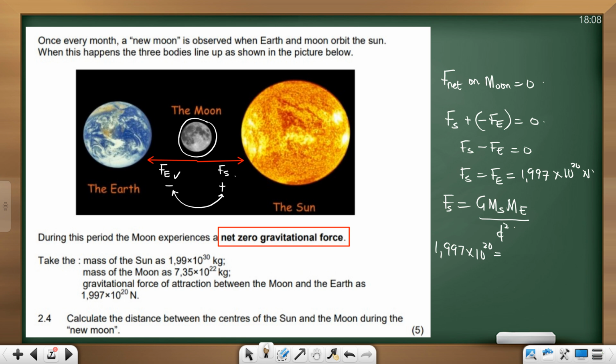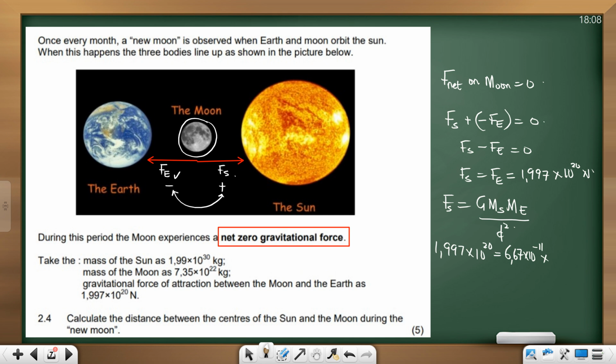Please check your formula page and let me know if you found G. Go and look for it. You'll be finding 6,67, right? So you see it. 6,67 times 10 to the power negative 11.